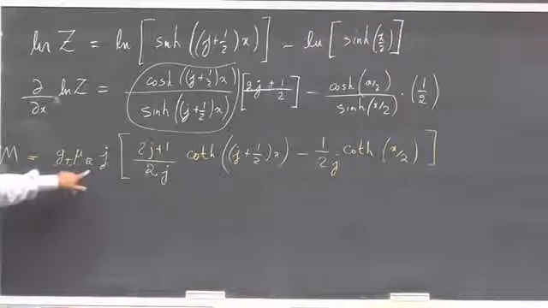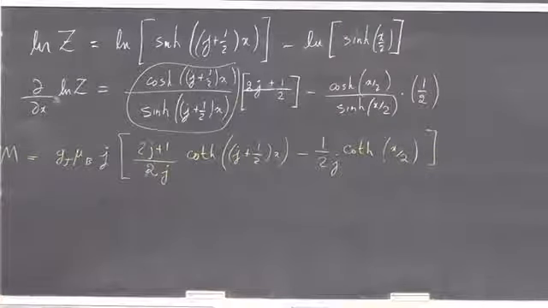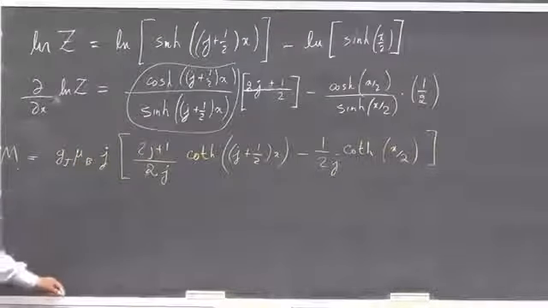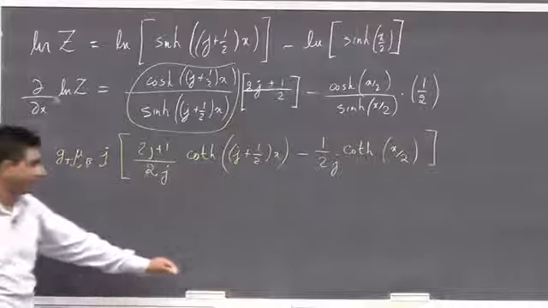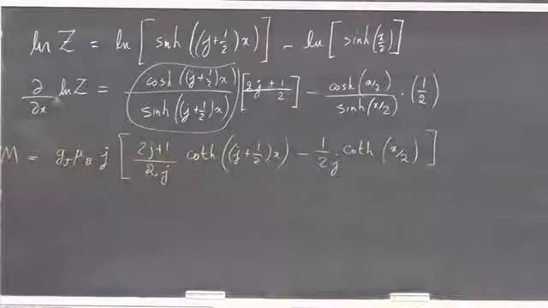Now, why have I placed a j here? Just an algebraic manipulation, but what's the need for it? I would like to relate the magnetization to its maximum value, the saturation value. What's the saturation value when all the moments are aligned?